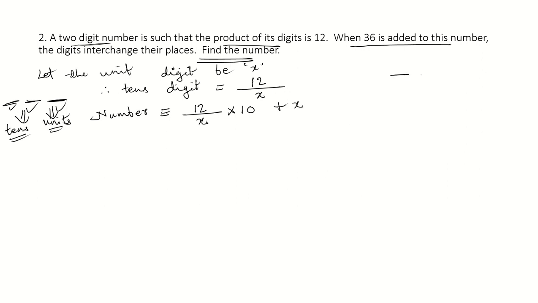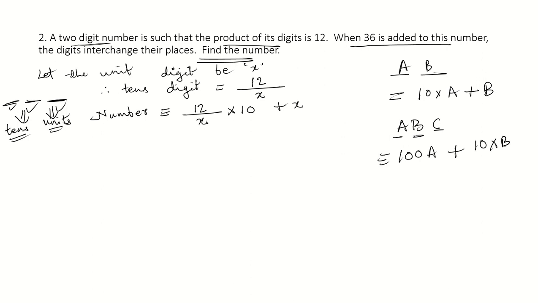How do you write a number like AB? We write it as 10 times A plus B. How do we write a number ABC? We write it as 100 times A plus 10 times B plus C, right? So this is how we write a number, right?